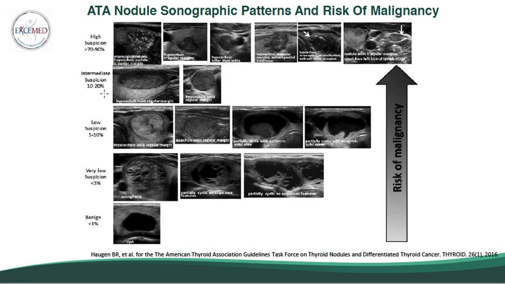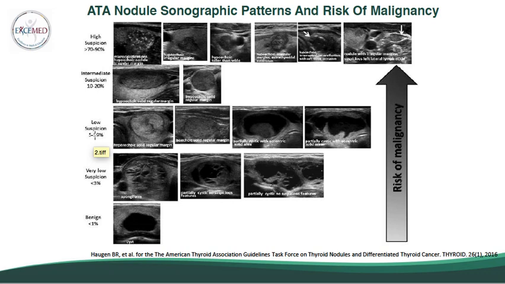Based on the ultrasound, you can tell the patient that your nodule is very low risk for malignancy. Therefore, we can opt to wait and observe, or we can opt not to biopsy for now and see later.